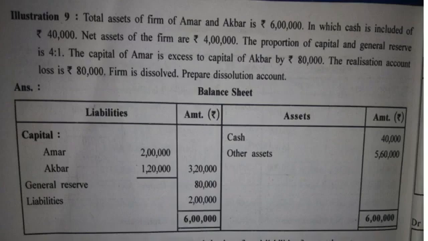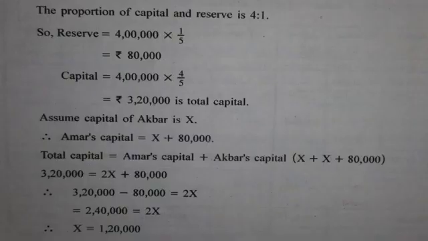What they are trying to say is that Amar's capital is rupees 80,000 more than Akbar's. So first I should be aware of what the capital of Akbar is. But I don't know the capital of Akbar, and that is the reason I will suppose the capital of Akbar as X. Basic math.